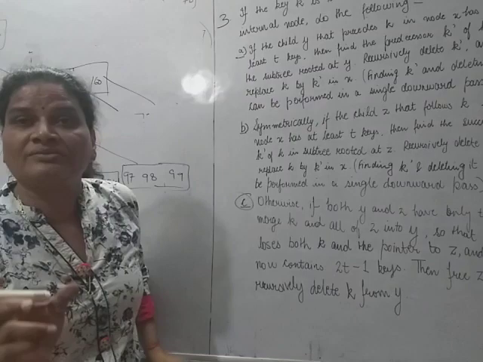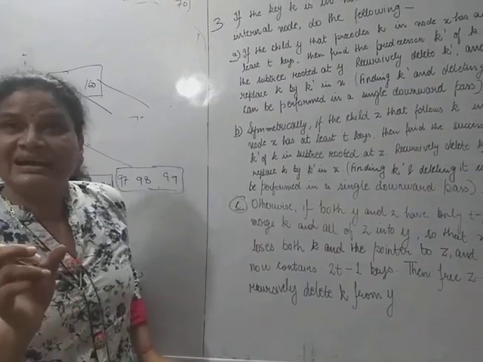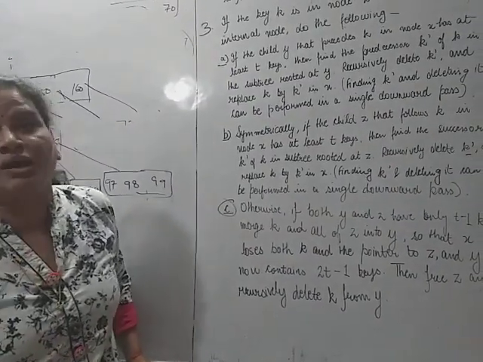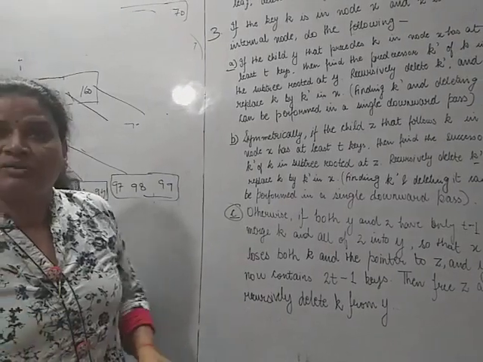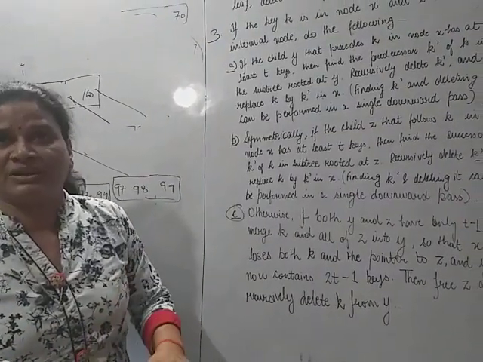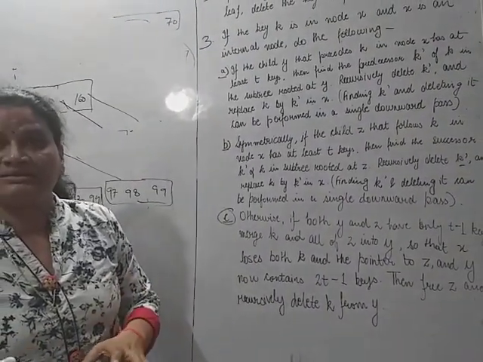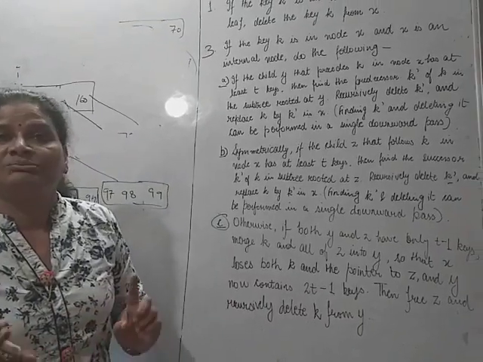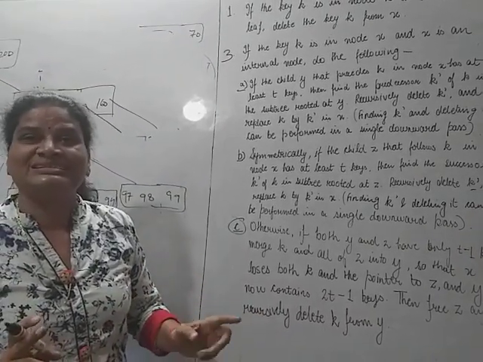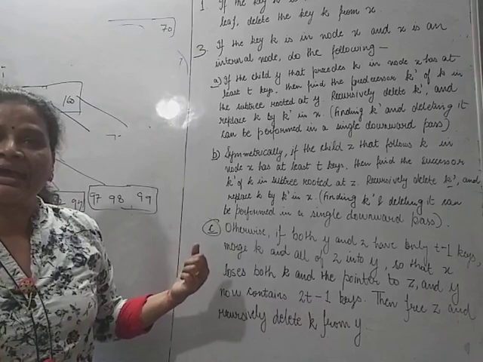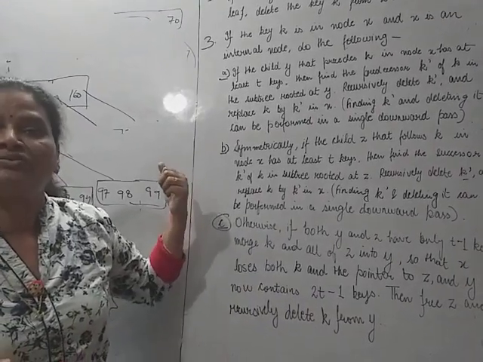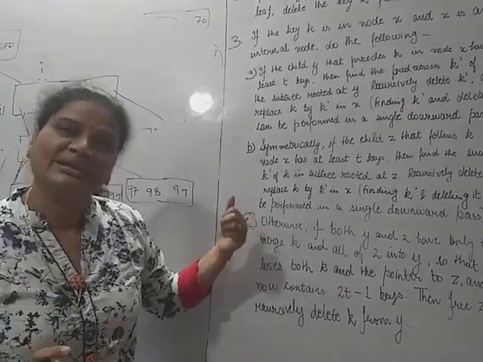If the first child of z contains at least t keys, then move down, and you move down until you get the leaf node. If the leaf node again contains t keys, then you delete k dash and replace key k of x by k dash.